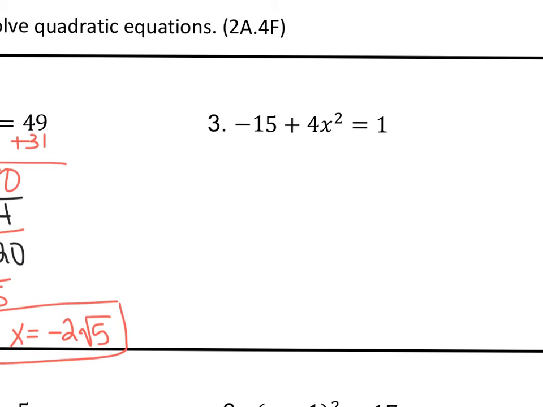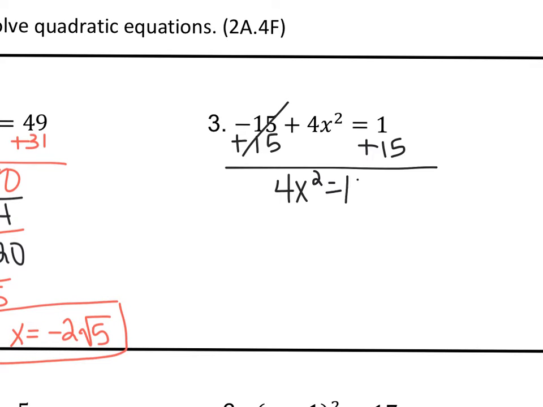Question number 3. In order to get the x squared by itself, I'm first going to add 15 to both sides. I get 4x squared equals 16.